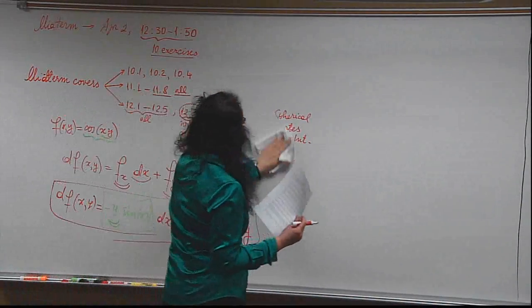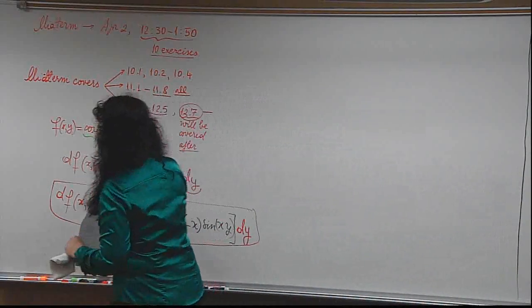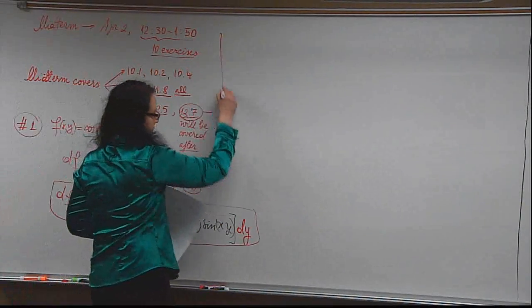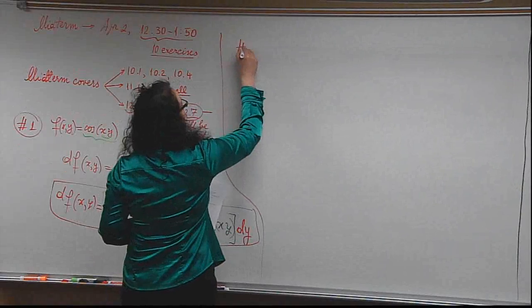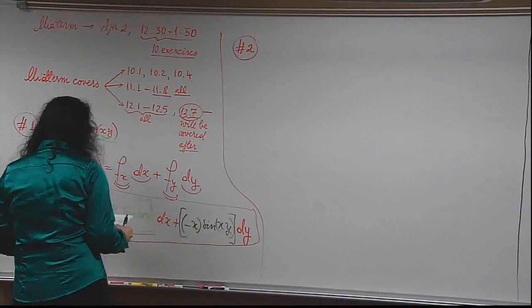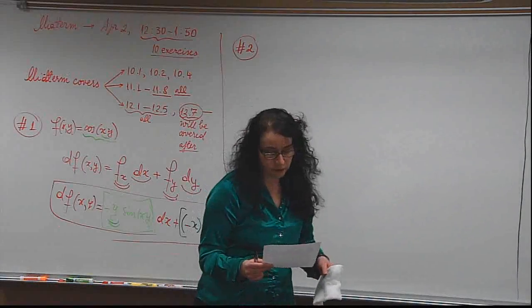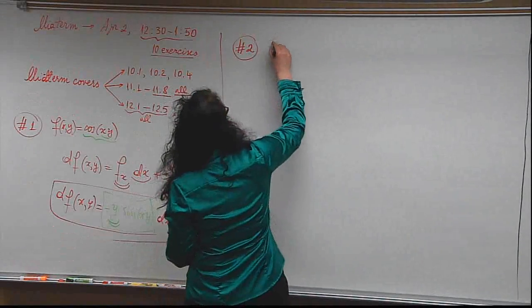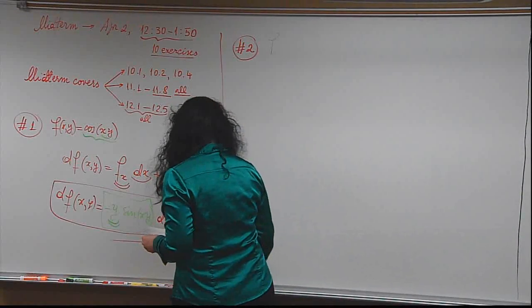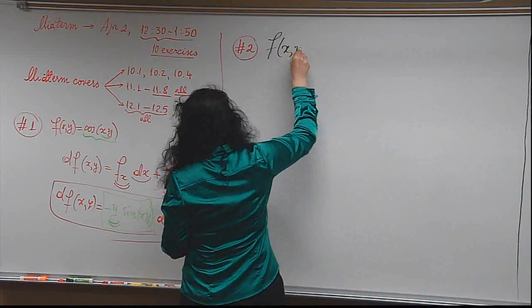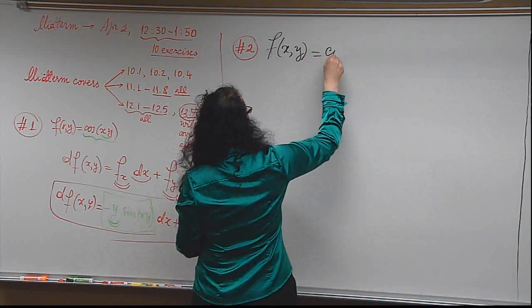All right, let's move on to number 2. That was number 1. Number 2, it says, find the directional derivative of a function f of x, y, which is equal to cosine of xy.